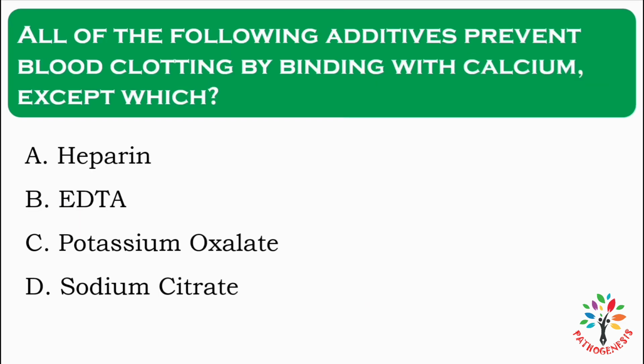Next question, all of the following additives prevent blood clotting by binding with calcium except which? That means all these anticoagulants remove the calcium and prevent blood clotting, but which one is not doing that? See, all these three, EDTA, potassium oxalate, sodium citrate, prevent clotting by removing calcium as calcium salt.